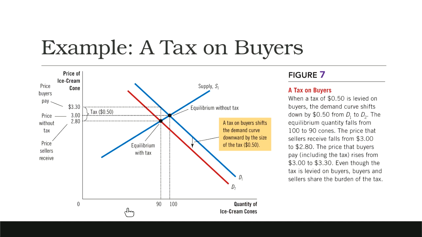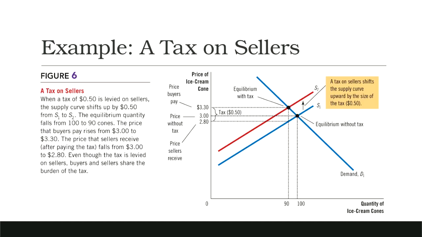All right, so let me clarify one more time. What's the difference here? Because these are the same numbers. When the seller paid the tax, the buyers paid the equilibrium price, and then the seller paid the tax from the equilibrium price. So equilibrium was $3.30, and then sellers paid 50 cents tax.